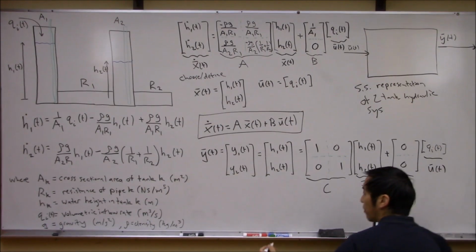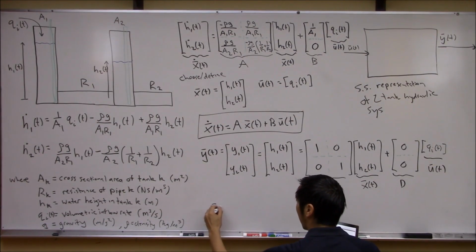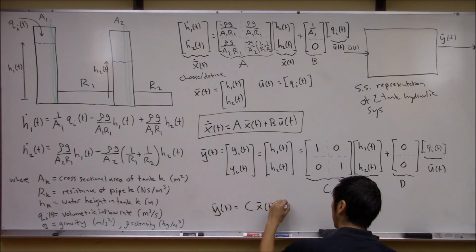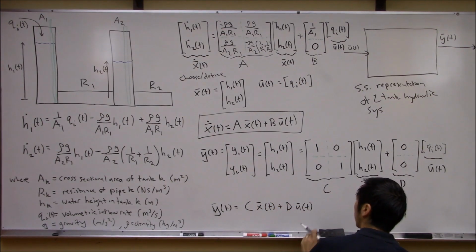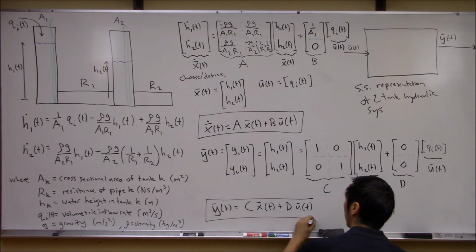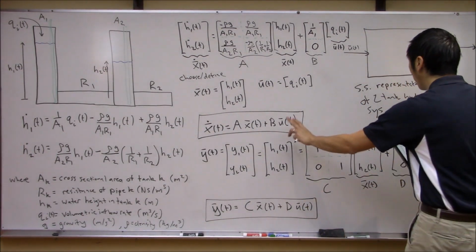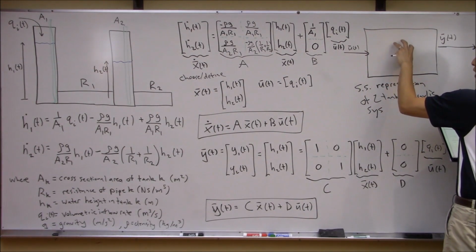So again, we end up with our final expression here of y of t is equal to Cx of t plus Du of t. So there we go. Here is our entire expression, the second half of the state space representation. So finally, we can fill in this block.